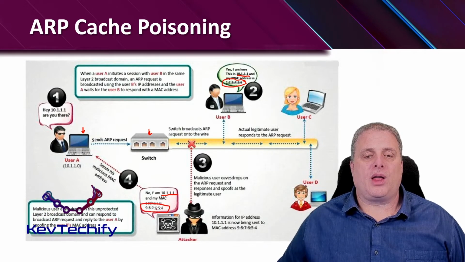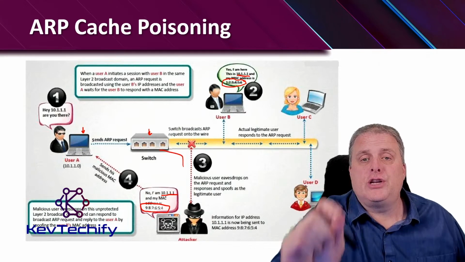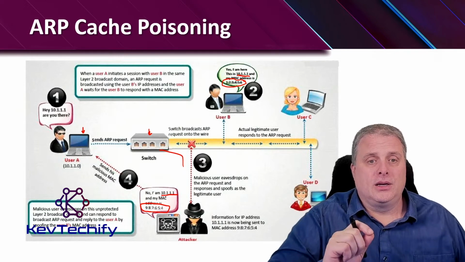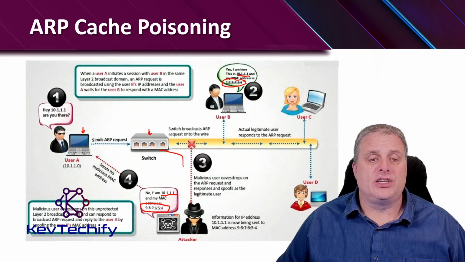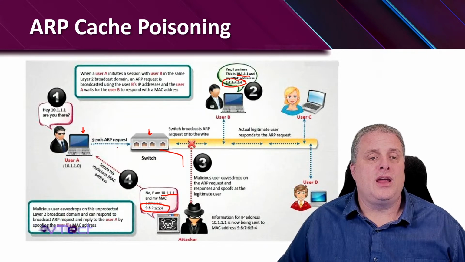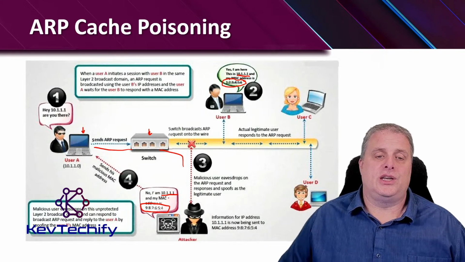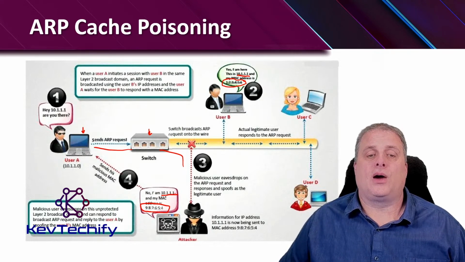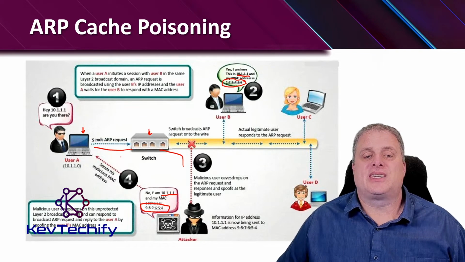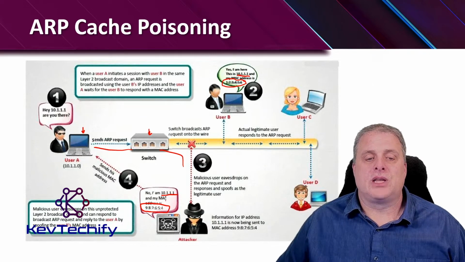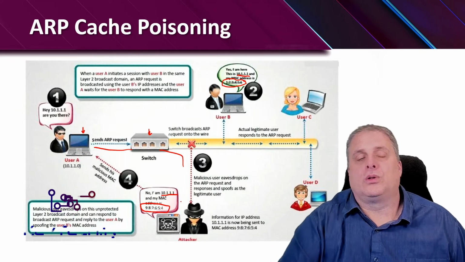They send that reply back. It goes to the switch. It overwrites that legitimate MAC address from user B, and then it gets forwarded on to user A, where that also overwrites the legitimate answer. And now, anytime information needs to go to 10.1.1.1, it's going to be sent to the threat actor's MAC address on the local area network.